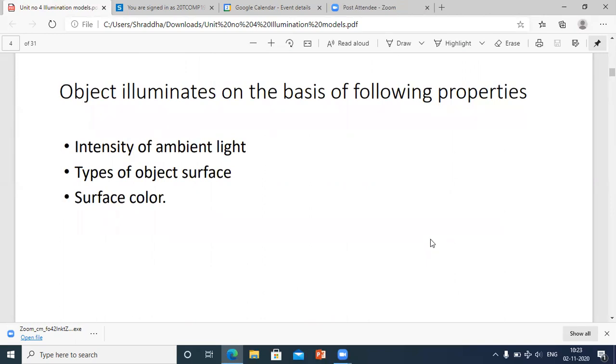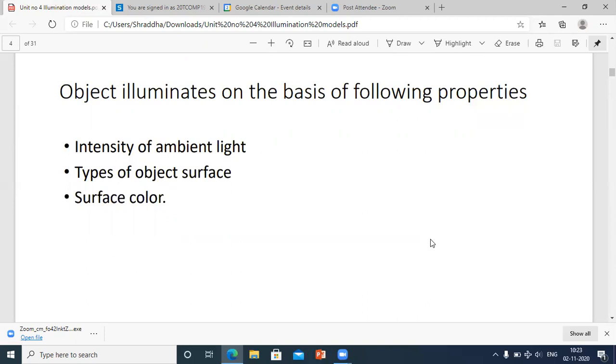Intensity of ambient light. What is the meaning of ambient light? I will tell you in the next slide, but just keep in mind the three basic important properties: intensity of ambient light, types of object surface, and the surface color. These are three very important properties related to the illumination process.